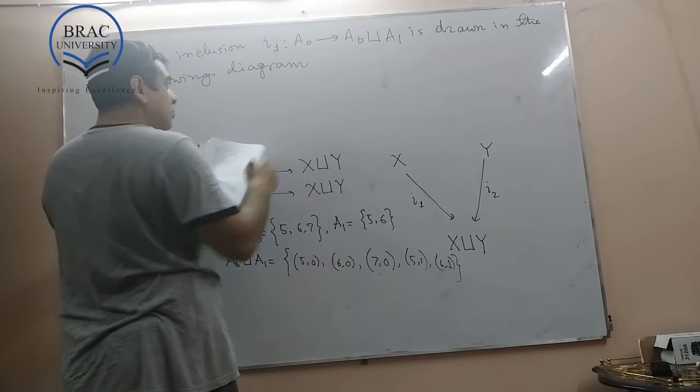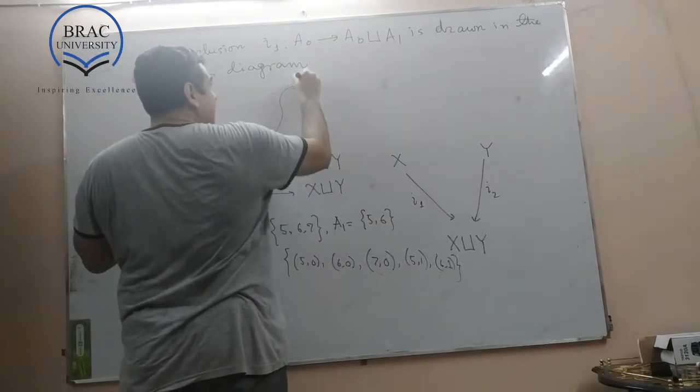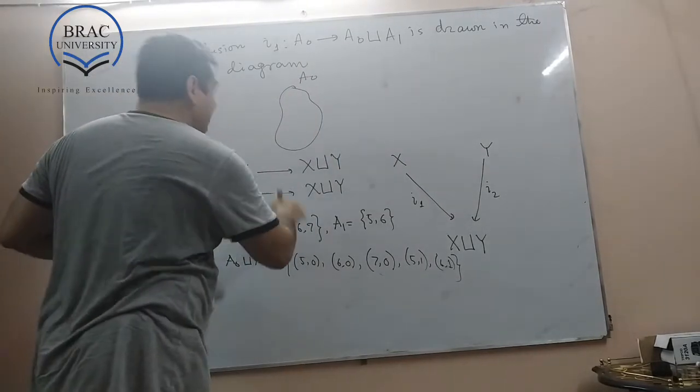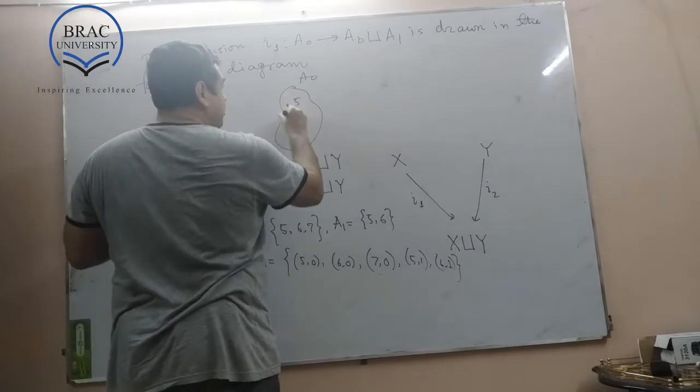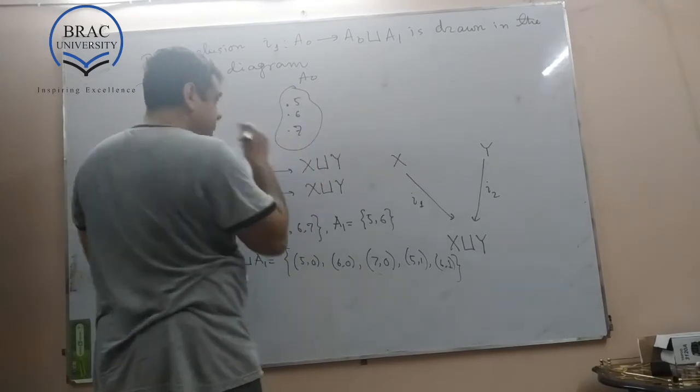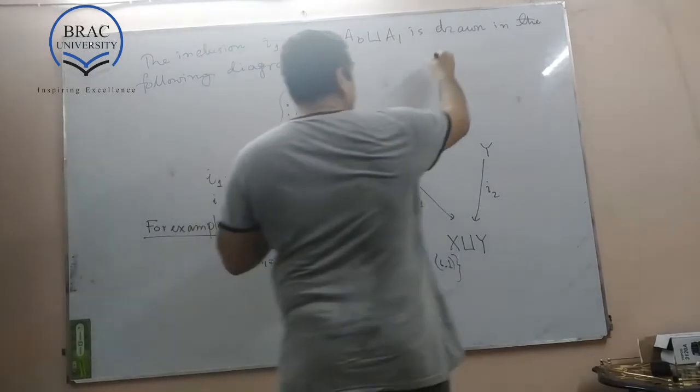Okay, where A0 is this three element set 5, 6, 7, and A1 is this two element set.